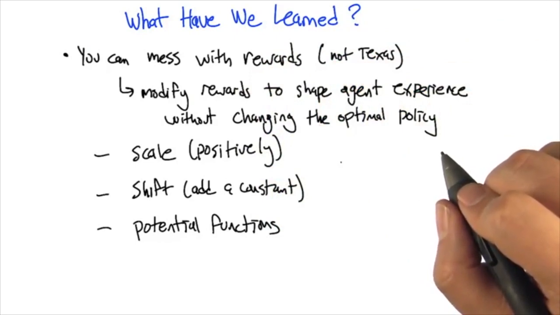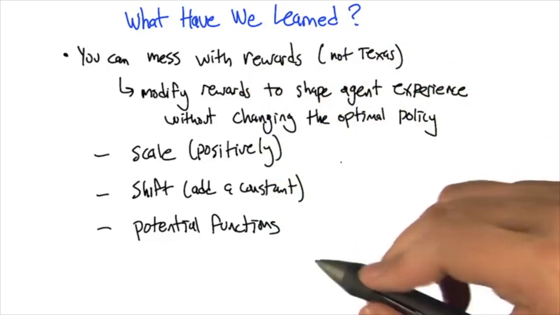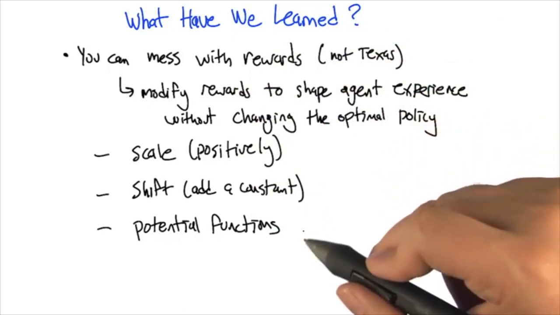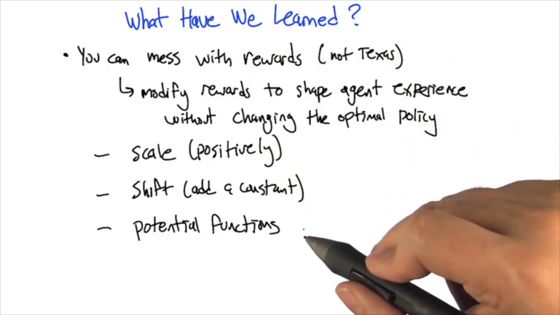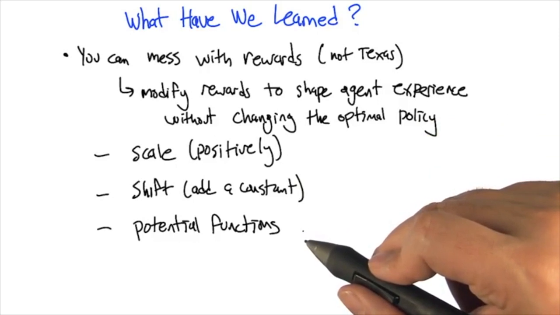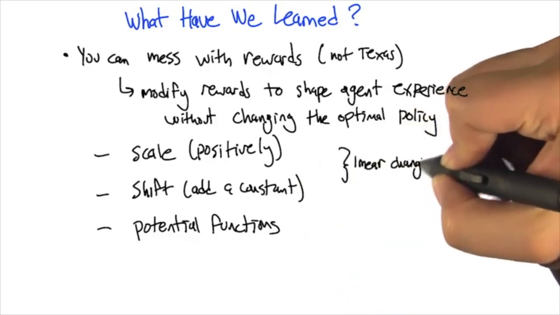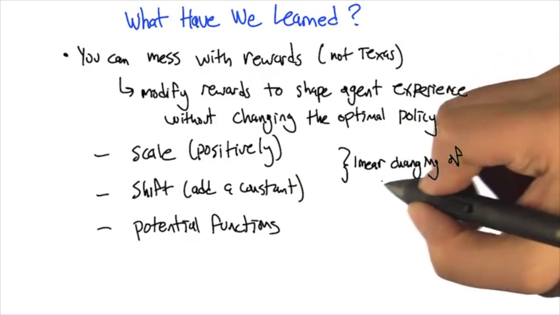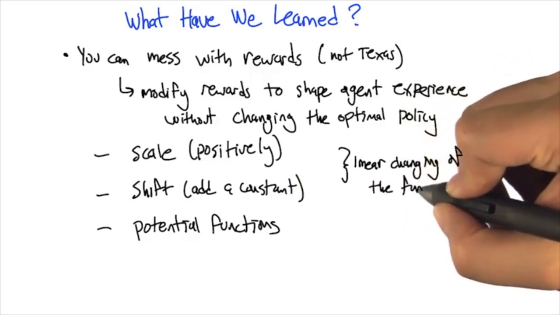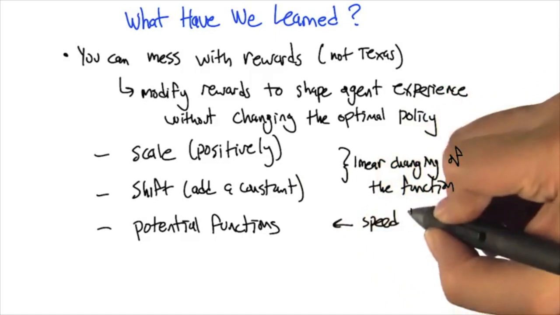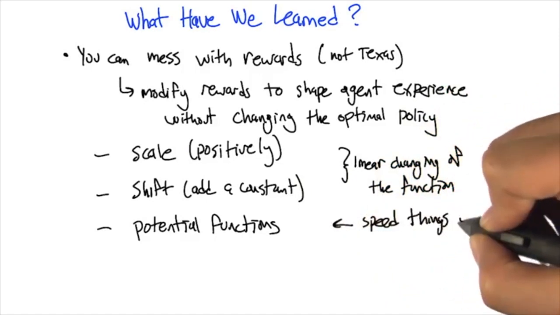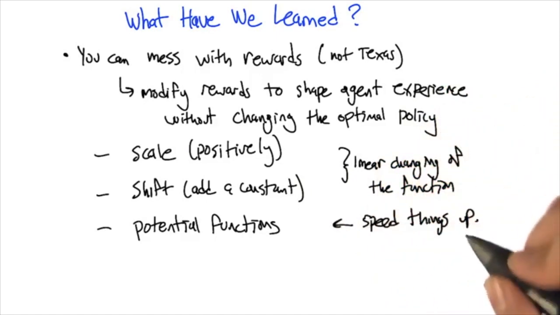Right. But I think the difference between the third one and the first two is that the first two don't change anything at all. I don't know if it's affine, but they're just a kind of simple linear changing of the function. But the potential functions are set up to help you learn faster, not just learn the same thing.